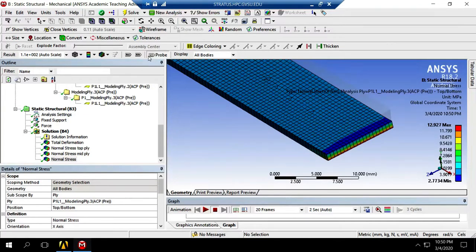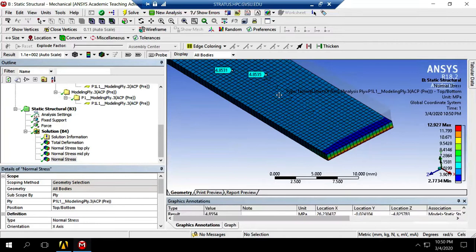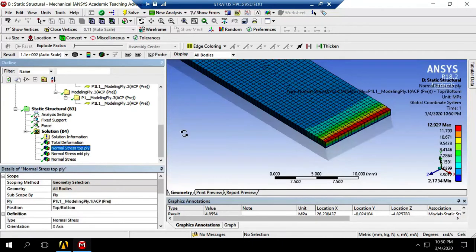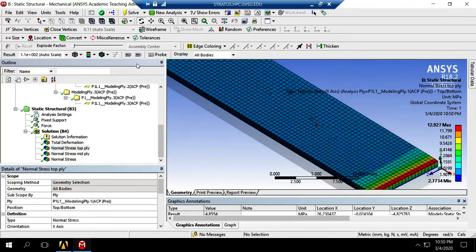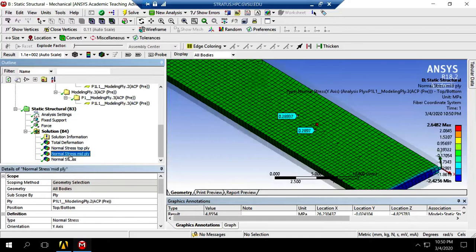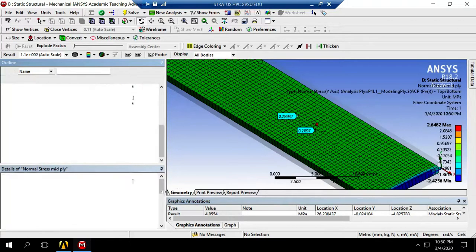Okay, so stress in the x direction again is close to what we had for the top layer. For the top layer we had something similar, 4.85. I have here 4.853.